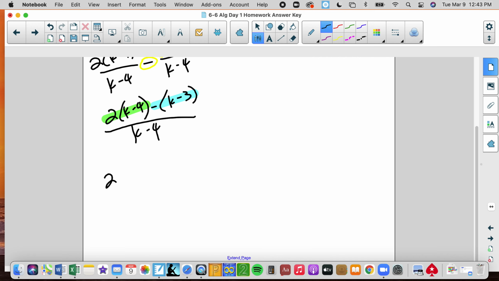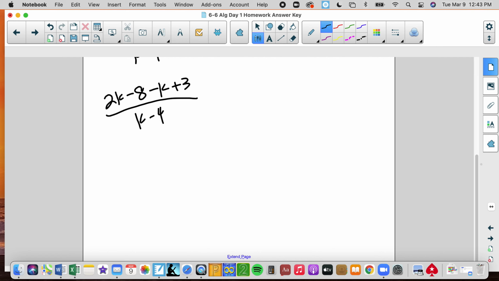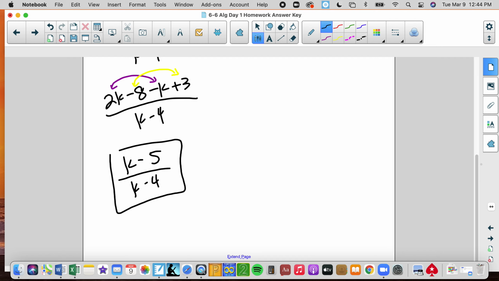So we get 2 times k is 2k, 2 times 4 is -8, -1 times k is -k, -1 times 3 is +3, all over k minus 4. We have like terms, we have the k's that are like terms, and we have the constants that are like terms. 2k minus k is k, -8 plus 3 is -5 over k minus 4. Still didn't reduce it after the fact.